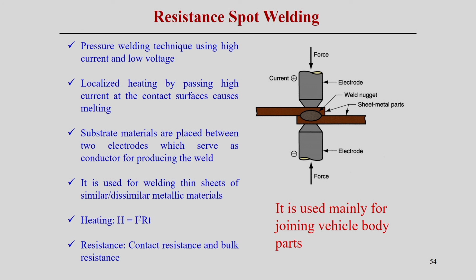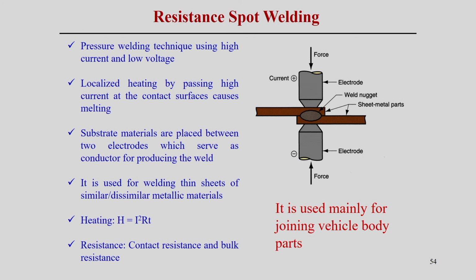There are many contact surfaces in this zone, and it is very important in resistance spot welding to identify the different contact surfaces, because heat is generated at each and every one of them due to contact resistance. Resistance can be divided into two parts: one is the bulk resistance, the resistance to passage of current through the bulk of the material, that means over the volume; the other is the contact resistance at the contact surfaces.